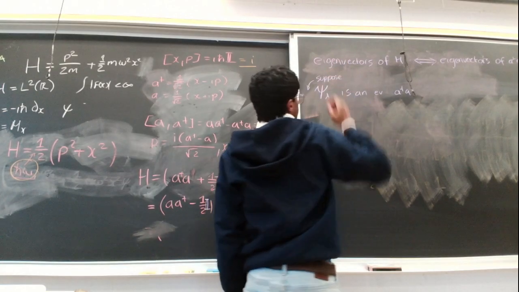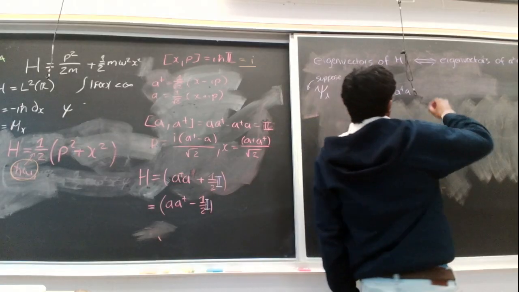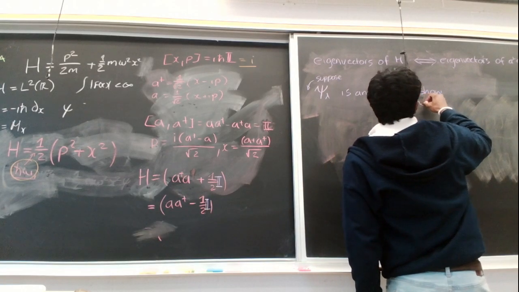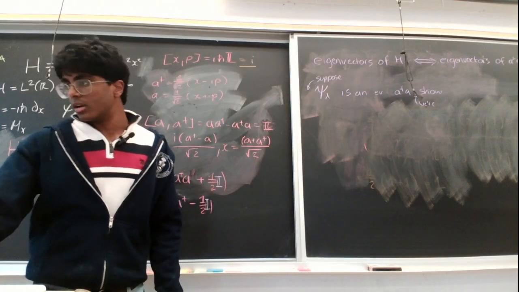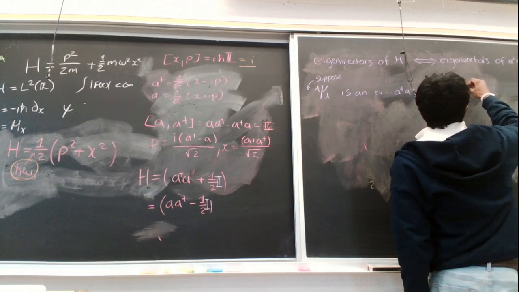This is back to the idea that I have these new operators, let's see how they act on the eigenvector. We're gonna do it as a team, and show that A plus A dagger of that is also an eigenvector.